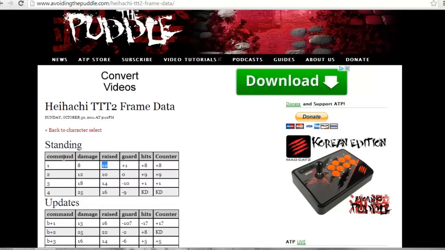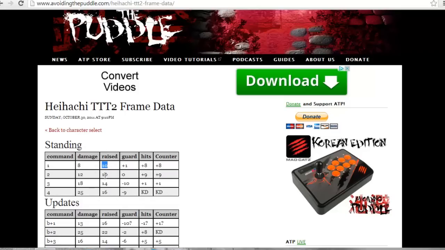The command is the notation of the move you are going to hit your opponent with, like 1, 2, 3, 4, backward plus 1, backward plus 2, EWGF, RTGF, blah blah blah. The raised actually tells you exactly at which frame the move is going to hit your opponent. So if it says 10, it means that 1 is going to hit at the 10th frame.